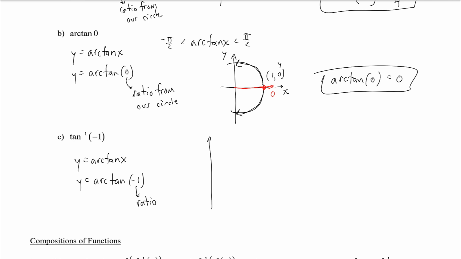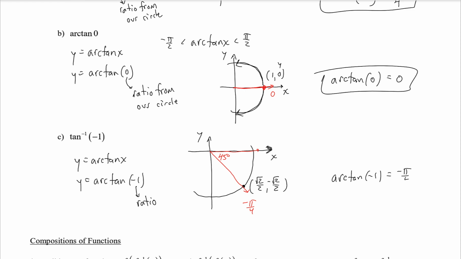Those are all positive numbers, so I got to be down here. So it's going to be in quadrant 4. And I want y divided by x to be -1. Well, I know exactly where that happens. It happens where x and y are the same thing. So if I go right √2/2 and down √2/2, it'd be this angle right here, which is -pi/4. So inverse tangent of -1 would be -pi/4.